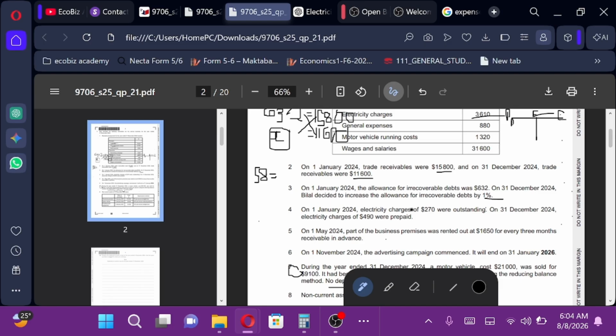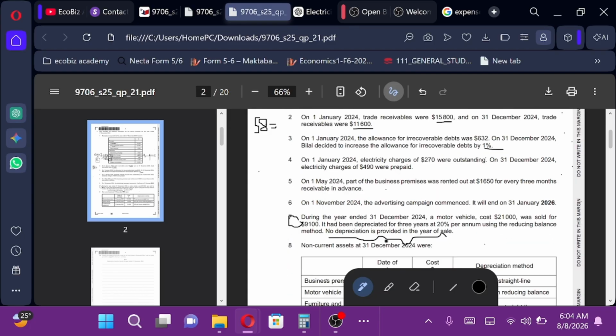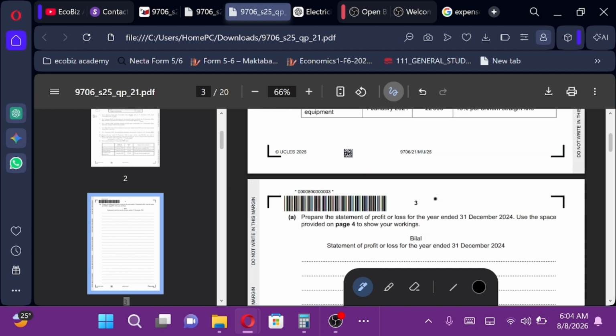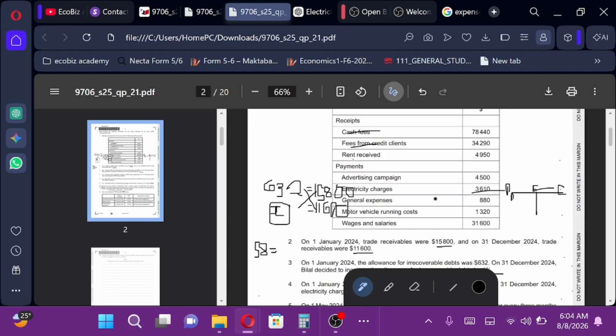So we scan quickly. Trade receivables, no. Allowance of recoverable debts, no. Electricity, business premises, we'll scan quickly. So we see no other additional information. So this basically means that we put this general expenses as it is into the income statement.